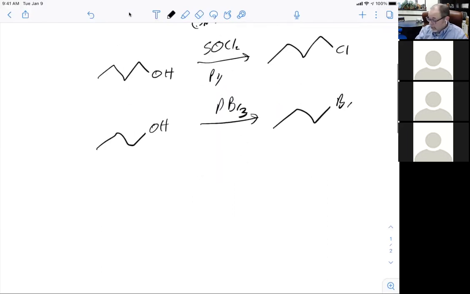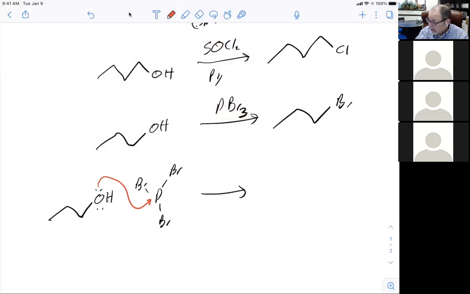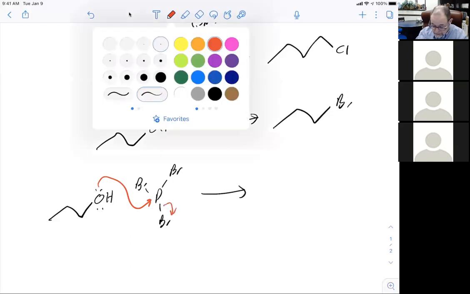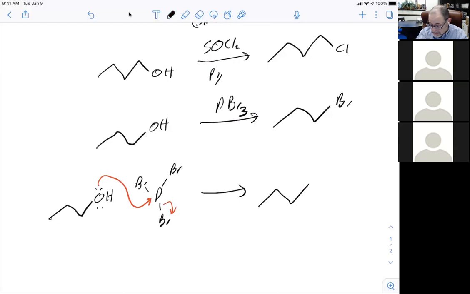It's similar because what we're going to do first is make a good leaving group. So the first step of these is to make this a better leaving group. So we have our alcohol reacts with our phosphorus. Okay, so oxygen does a nucleophilic attack on the phosphorus. We lose one of our bromines. We have the positive.